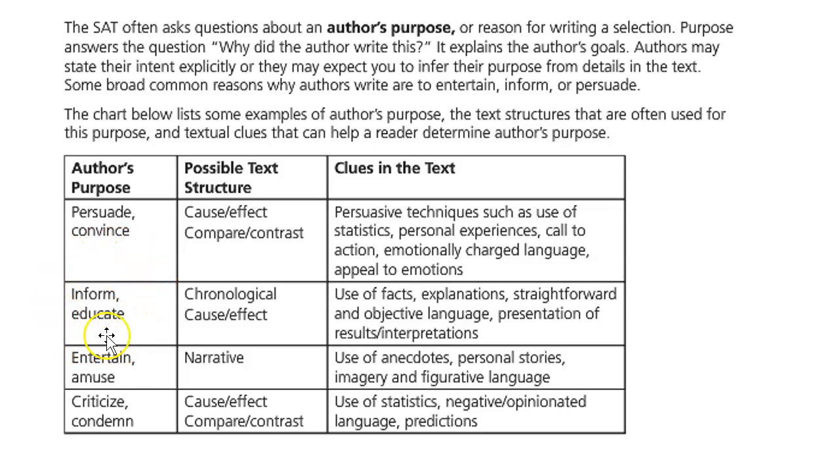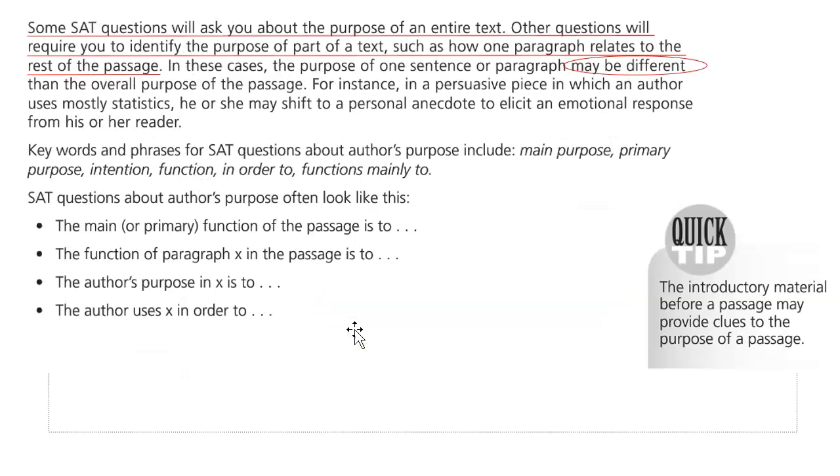If the author is informing or educating, we might see use of facts, explanations, straightforward and objective language, or the presentation of results or interpretations. So again, as we're reading the text, we're really looking for clues as to what the author's purpose is. And those clues can kind of come in the author's technique and how they've approached what they're writing about.